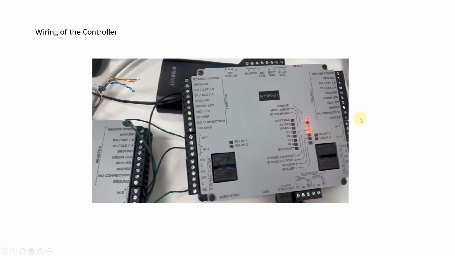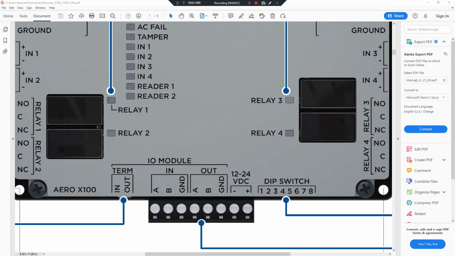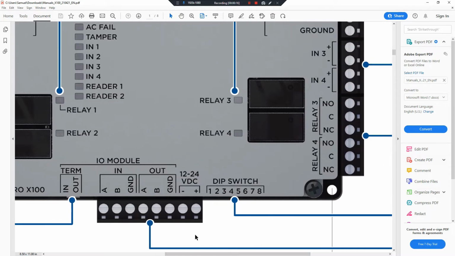So yeah. So in this subcontroller or the reader board X100, you can power the next board, right? From the out position, you will connect to the next board. You can take the power from here itself. So it's a loop out.